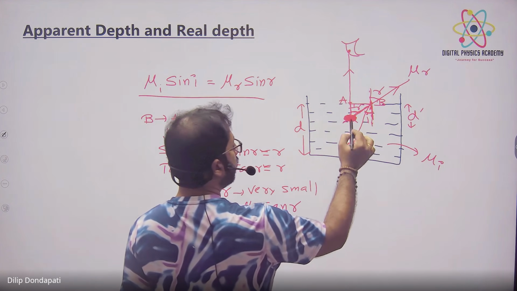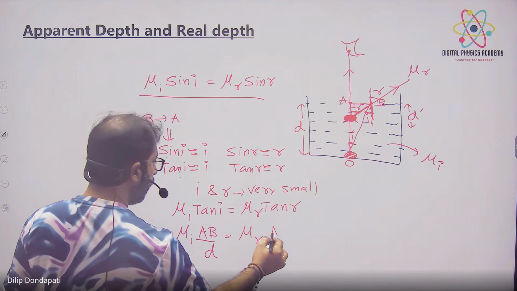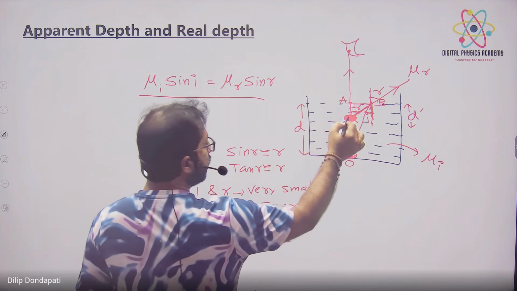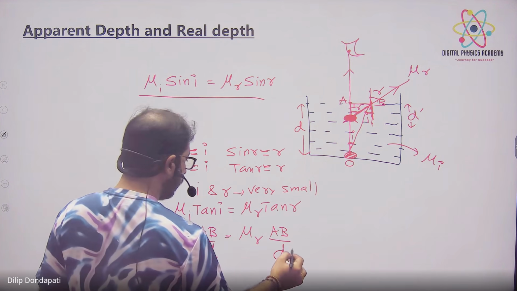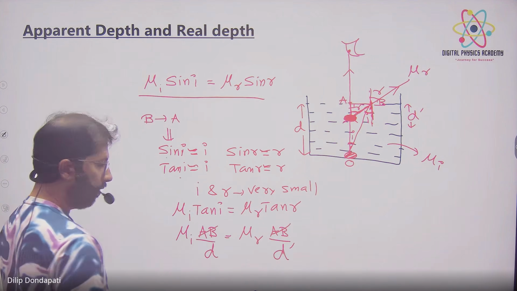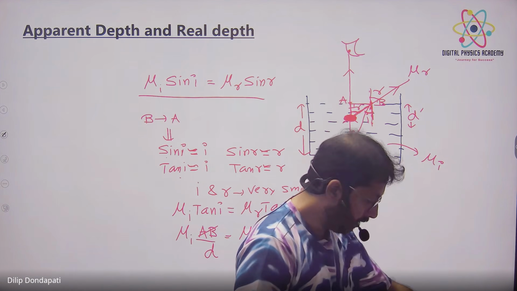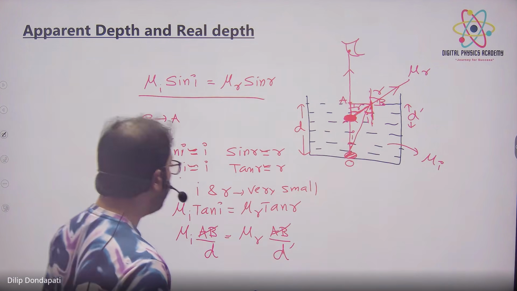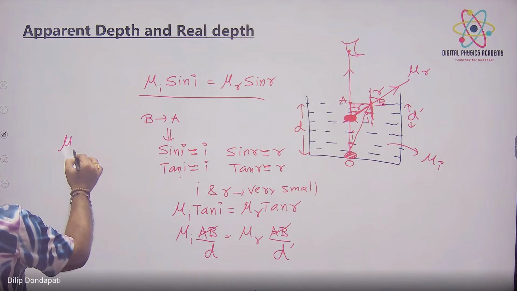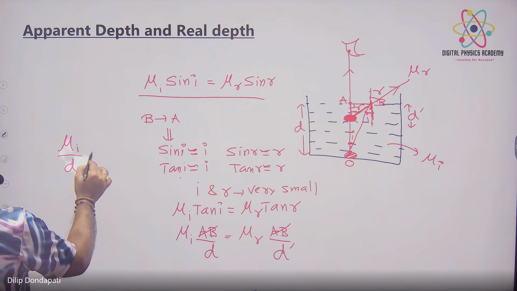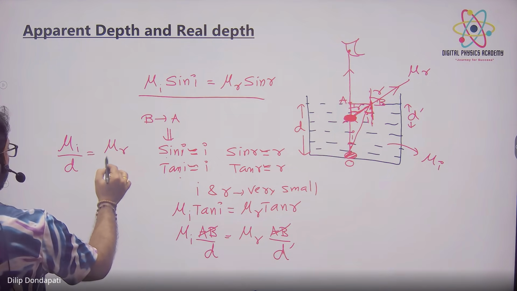Opposite by adjacent. So AB by adjacent, nothing but D dash. So D dash AB cancel. Therefore you get a big formula, a simple formula, that is mu I by D is equal to mu R by D dash.